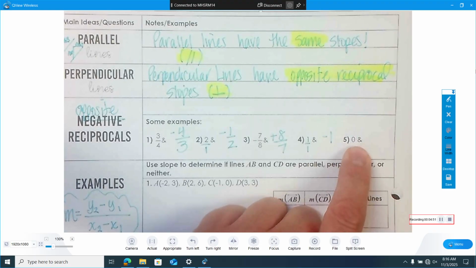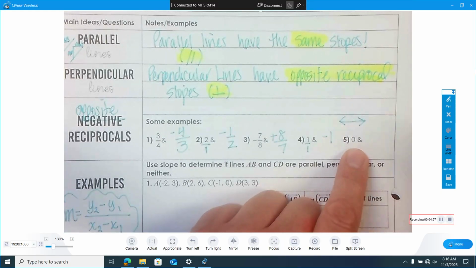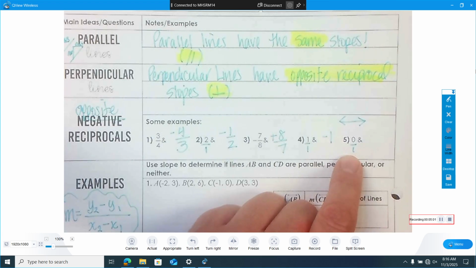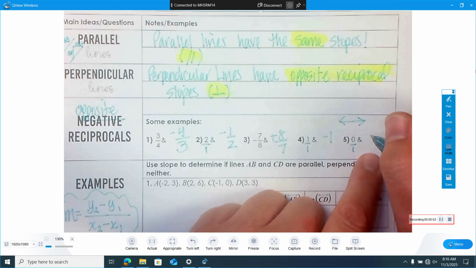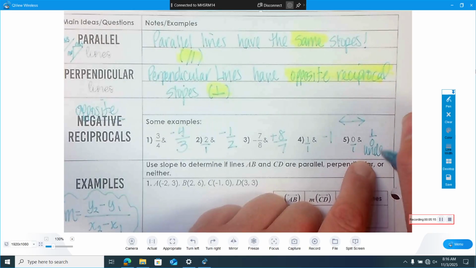Ooh, what is the opposite reciprocal of a 0 slope? Right now it's 0 over 1. So the reciprocal is 1 over 0. What is 1 over 0? Undefined.